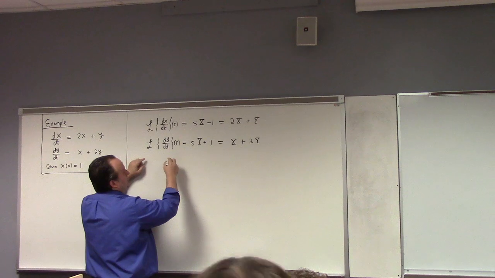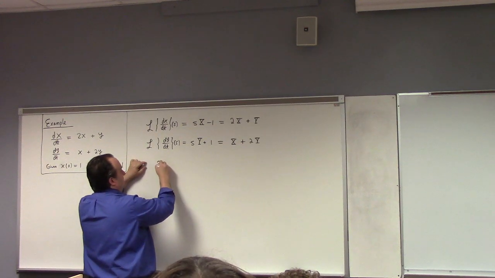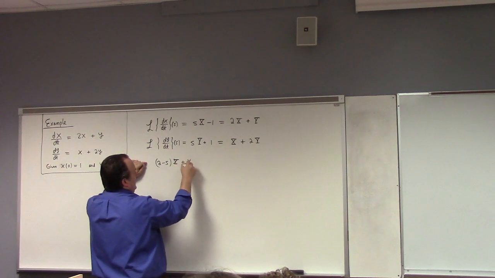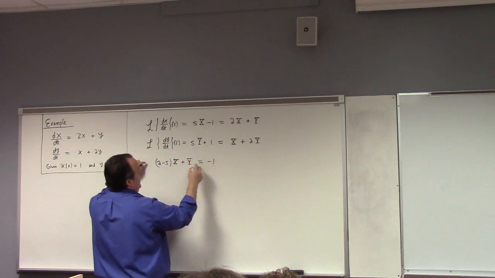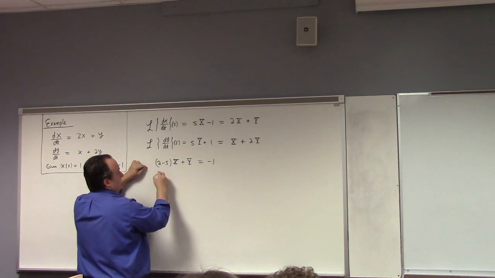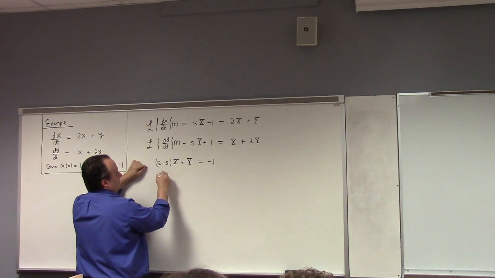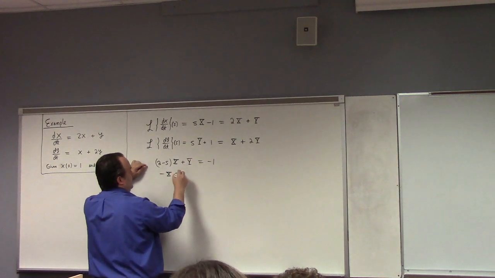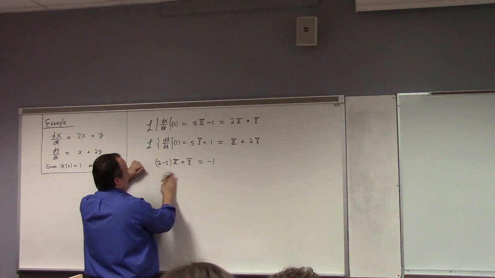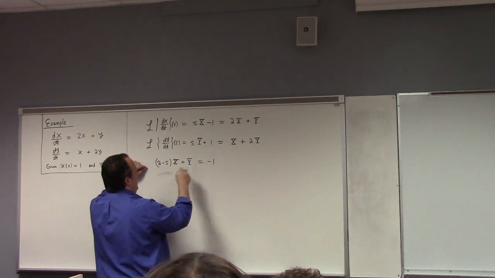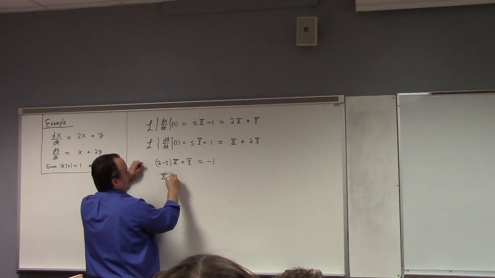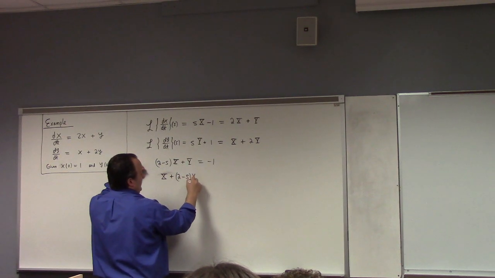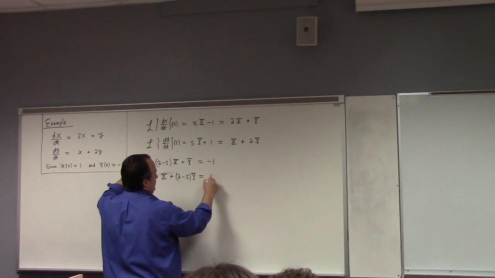So we've got (2 minus s) times big X plus Y equals minus 1. And we've got X plus (2 minus s) times big Y equals 1.